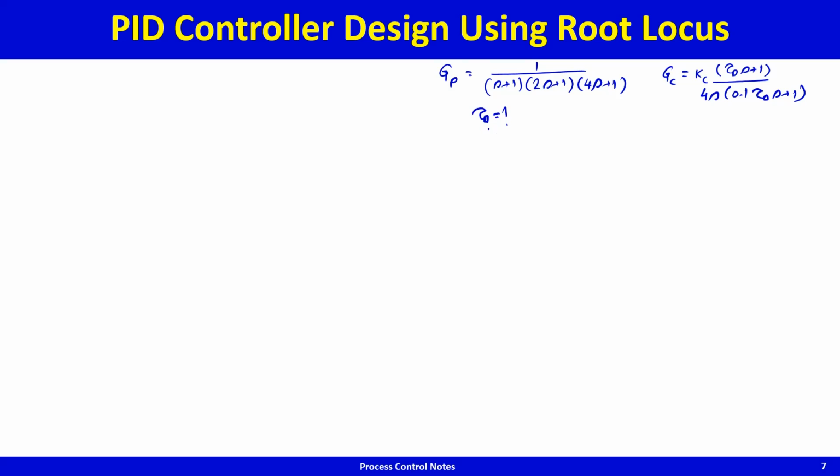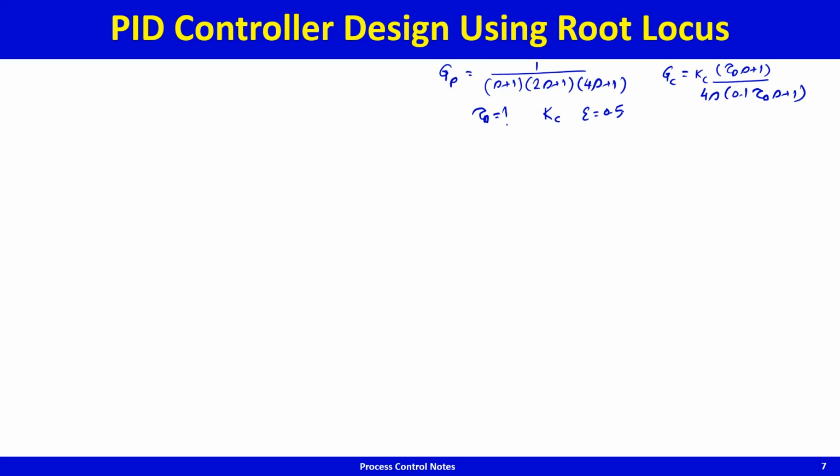How should we choose tau d so that when we set Kc for a closed loop damping coefficient of 0.5, the response is twice as fast as what we get for a PI controller? Like I said, for a PI controller the response was too slow. So double the speed.